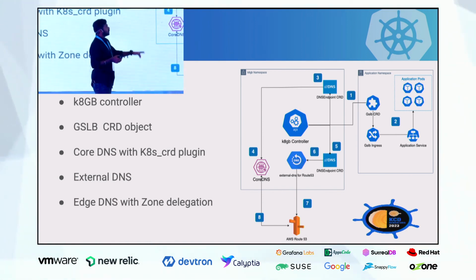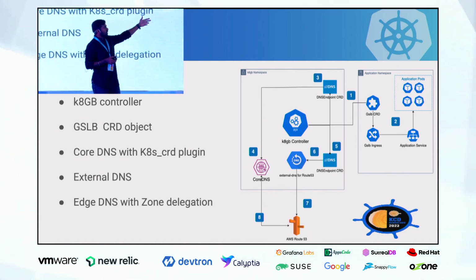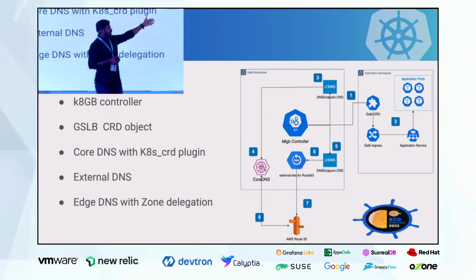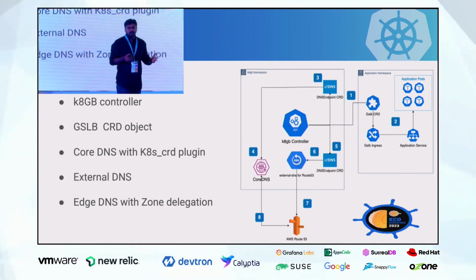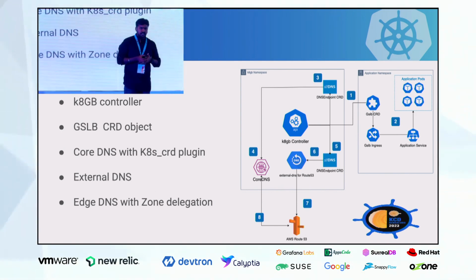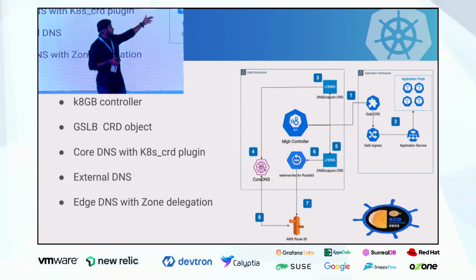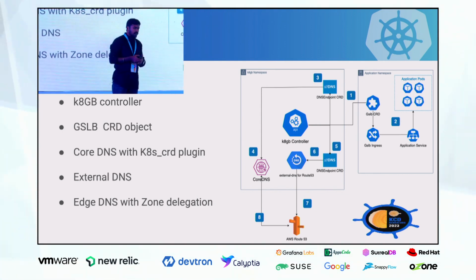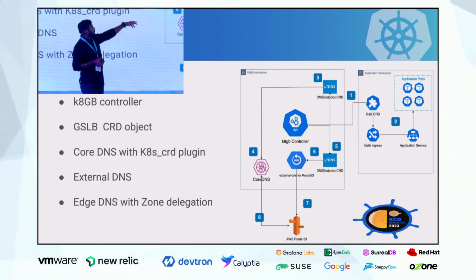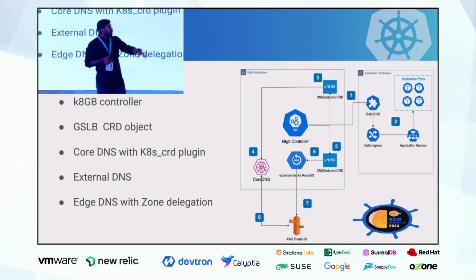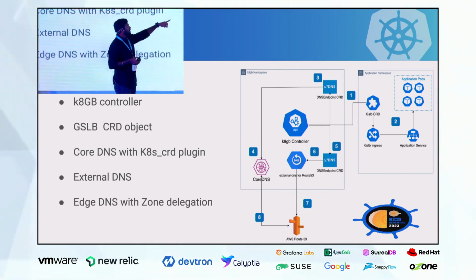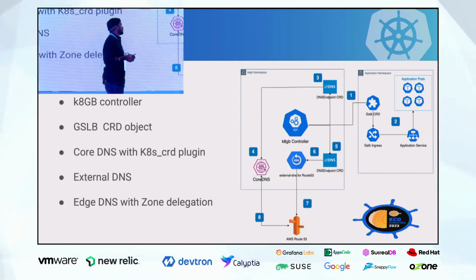So there are two ways to do it: you can create a GSLB CRD object, or, if you have an already set up cluster with ingress running, you can use GSLB annotations on top of the existing ingress. In both cases, the KGB controller watches for those changes and creates the DNS endpoint CRD.